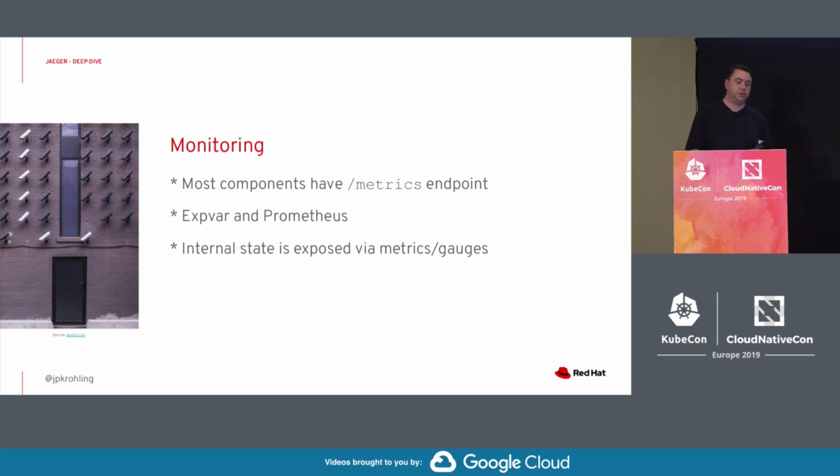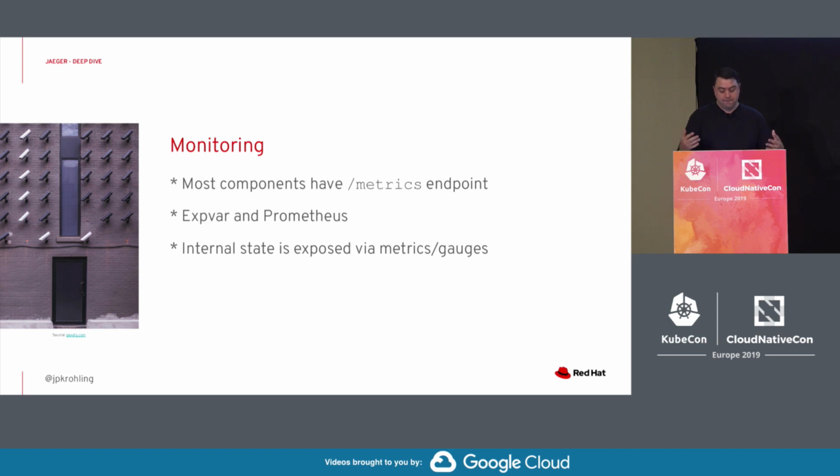Now, if Prometheus is not your thing, we still expose all those metrics using expvar. We have quite a lot of options there. Pretty much everything that we have as an internal state, we store as a gauge or as metrics or histograms.